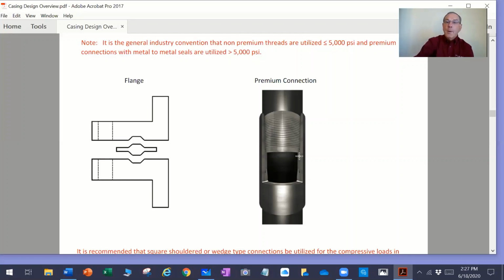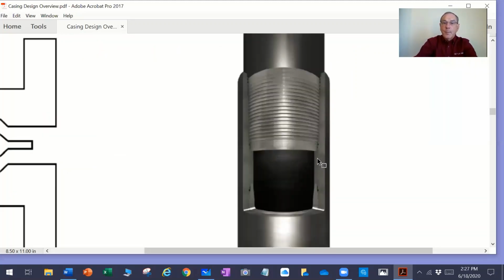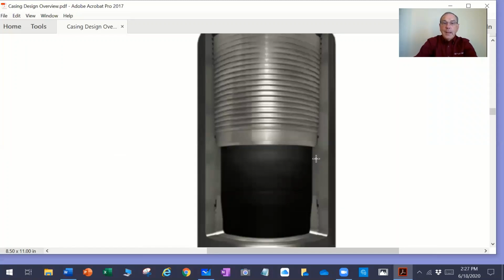For a premium connection, the way it works is you've got a thread profile, which is a helical thread cut, and, if I can zoom this in, we might be able to partially see it, you've got a metal to metal sealing surface down here at the bottom, where there is a pristine angle cut in this box, and a pristine angle cut on the pin that screws into it.